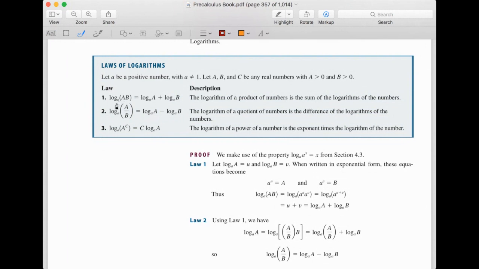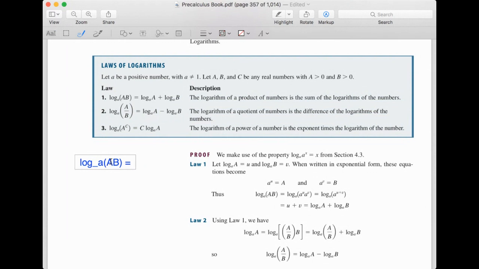Right? So let's rewrite this one, because we learned how to rewrite it. Let's see log base a of AB.